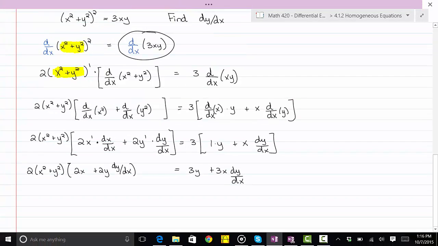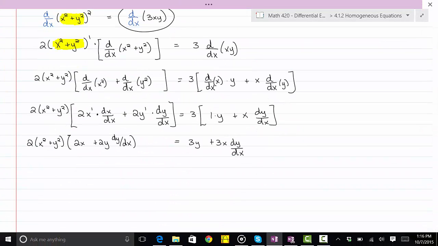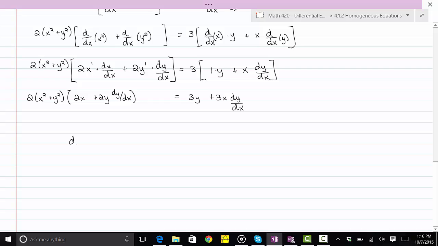What you want to remember is whenever you're faced with a derivative of anything, really, like the derivative with respect to x of e to the x squared, you really want to think of that as the derivative with respect to x of e to the junk. What's the derivative of e to a power?